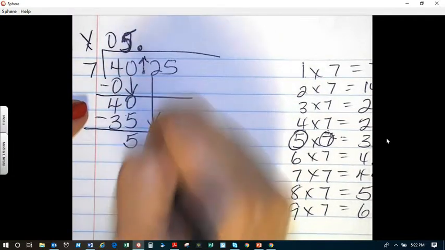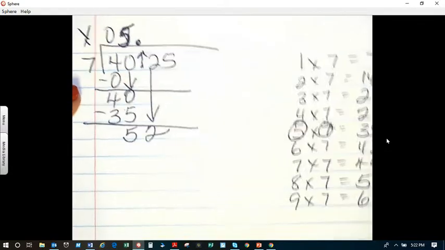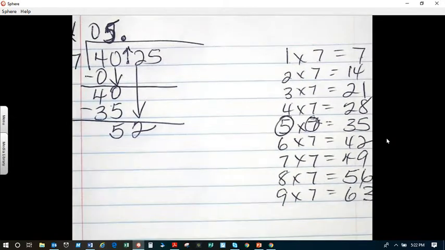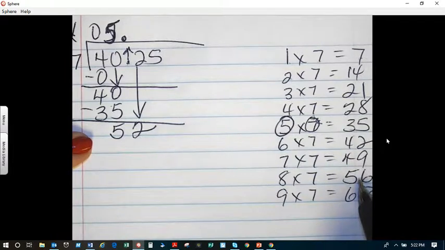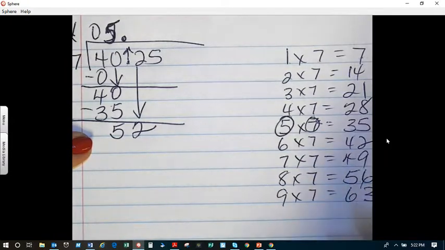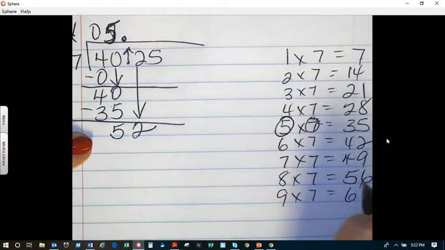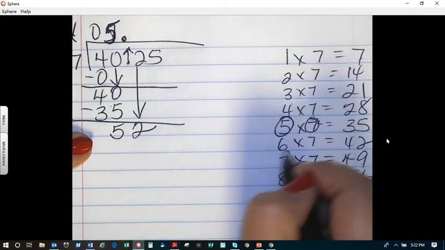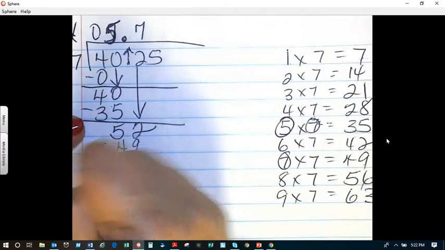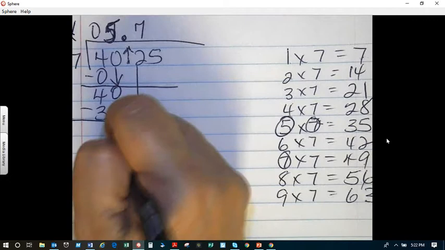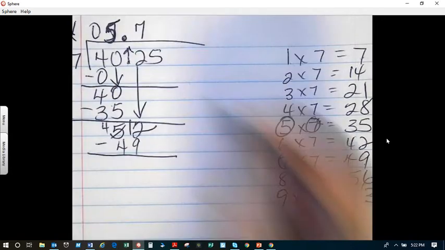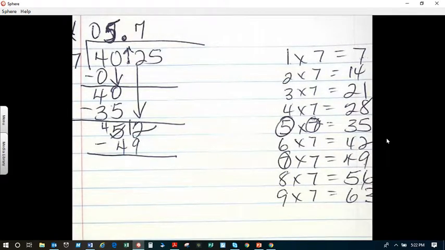Bring down my 2. How many groups of 7 will go into 52 without going over? Well, look at this. Can't go to any more. It'll be 7 groups of 7. That's 49. Subtract out. So what is 49, I'll regroup. There you go, it's 3.